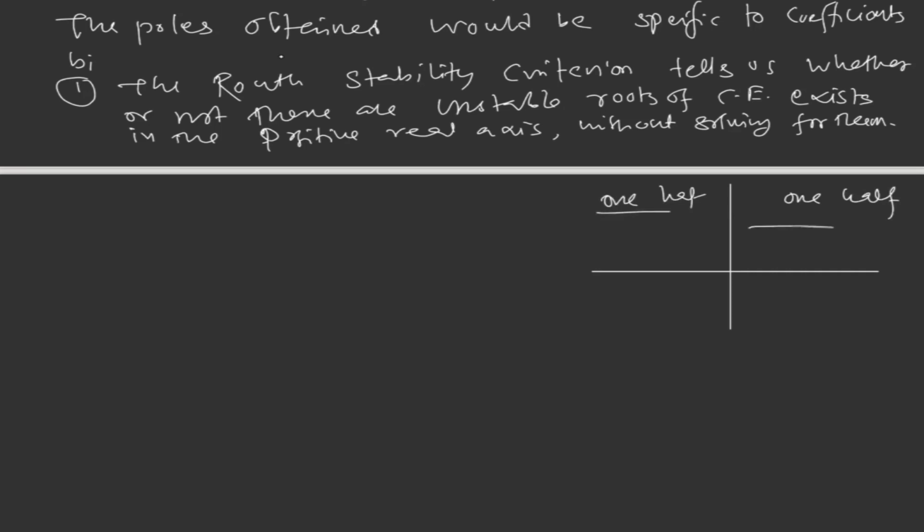If the poles exist in this region, then we generally call the system unstable, and if they are in this region, the system is stable. So from the Routh stability criterion, we can say whether any poles exist on the right-hand side or not.